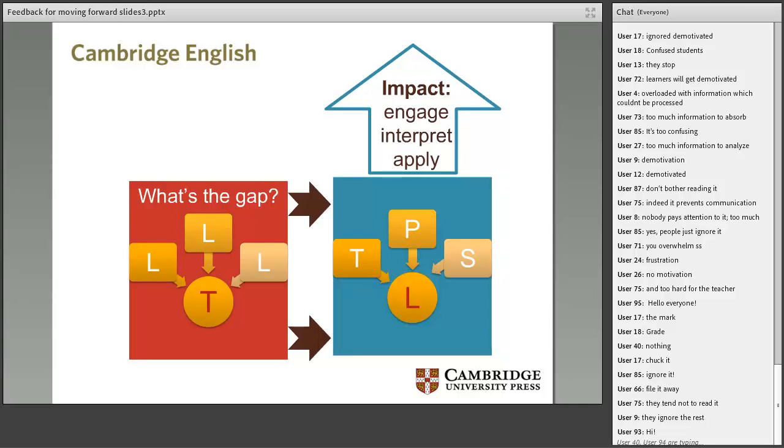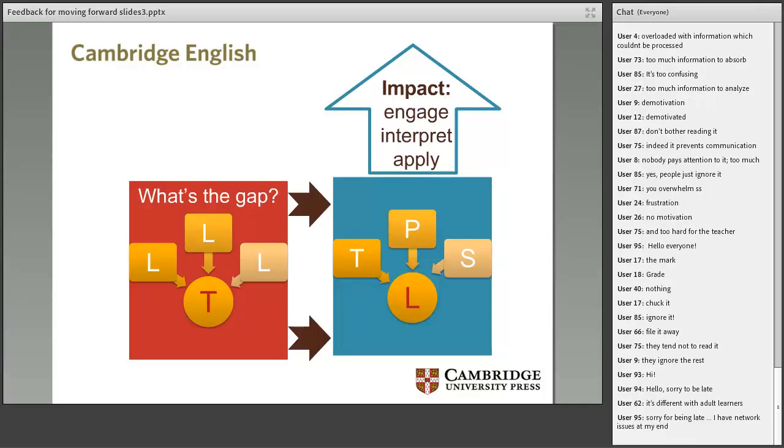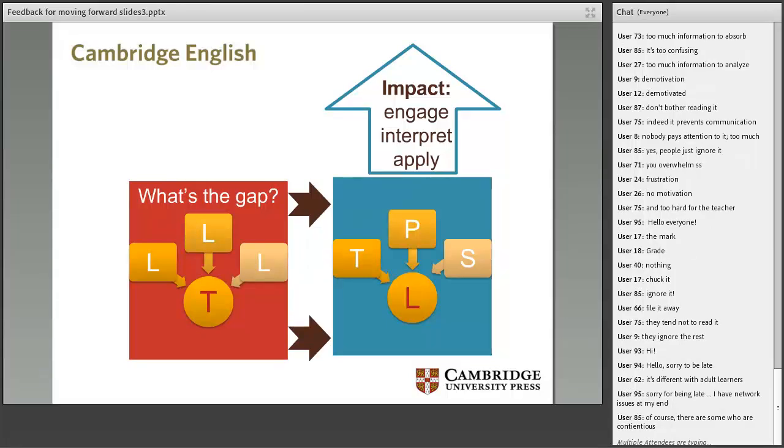Not everybody, of course. You've got some really good students who do process that, but it's very easy for them to just put it away. So we need to engage them with it, and that's quite interesting. Rula says it's different with adult learners.